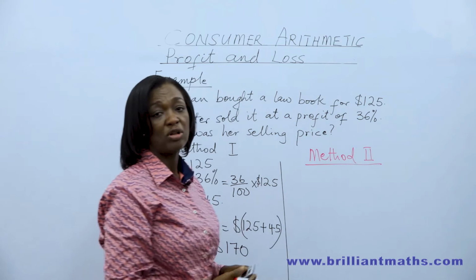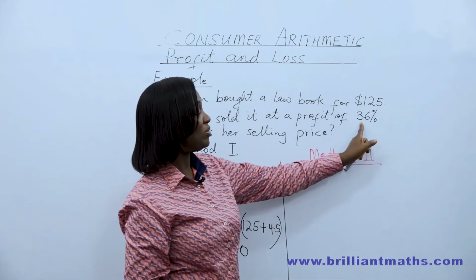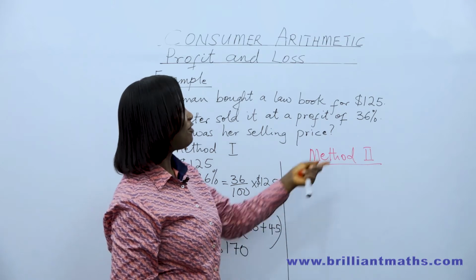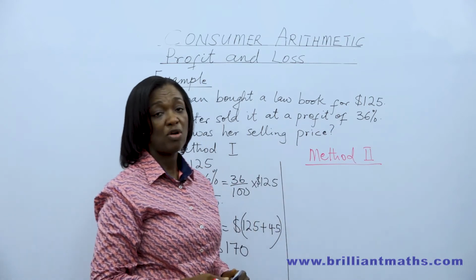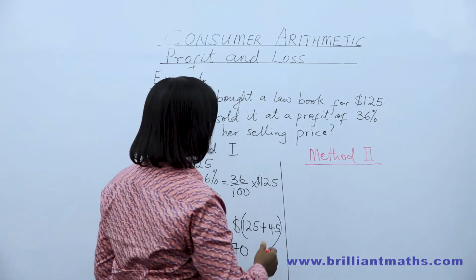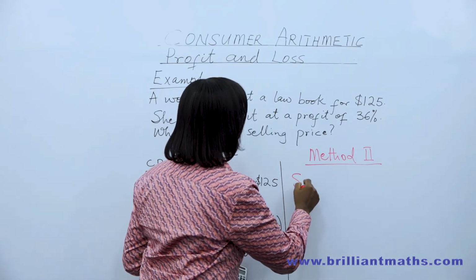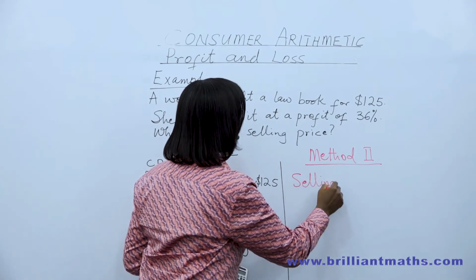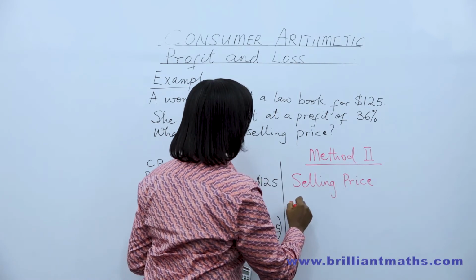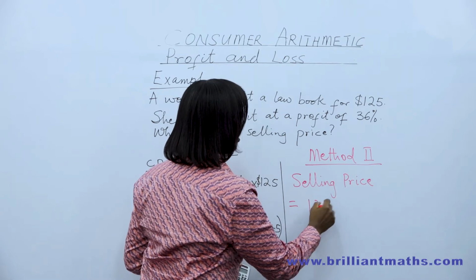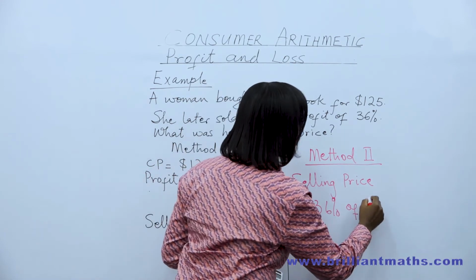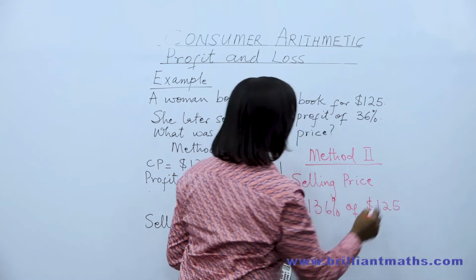Using the second method, here I simply want to add 100% to 36% to get 136% and find 136% of 125, and I'll get the answer directly. So I'm just going to say selling price equals 136% of 125.